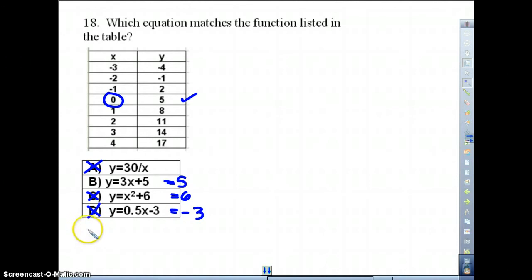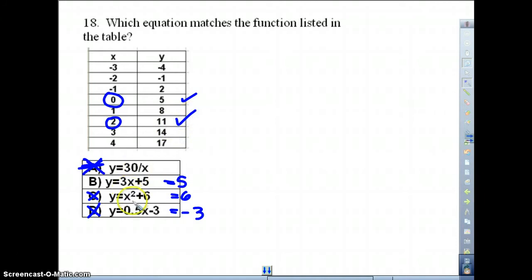And you know what I think I'd do? Just as a double check to make sure I did my math right, I'm going to pick one more number. I'm going to pick this one right here. Put in 2. Well, 30 divided by 2 is 15, not 11. No, it's not that one. Put in a 2. 2 times 3 is 6, plus 5 more is 11.